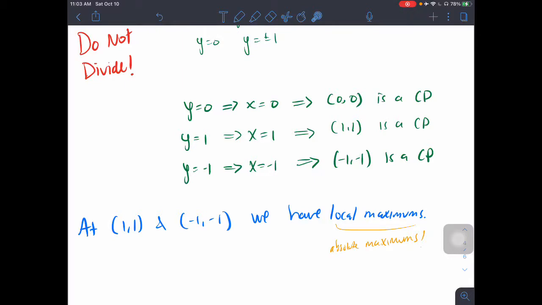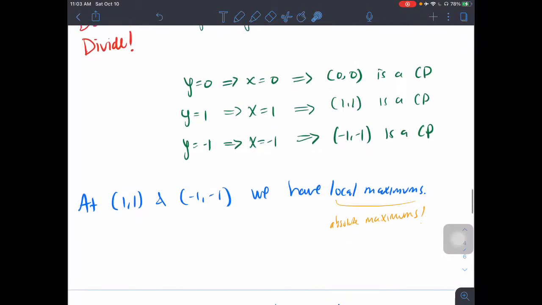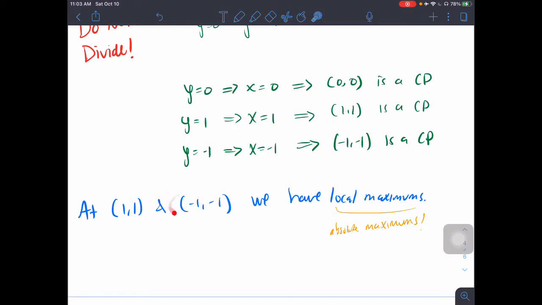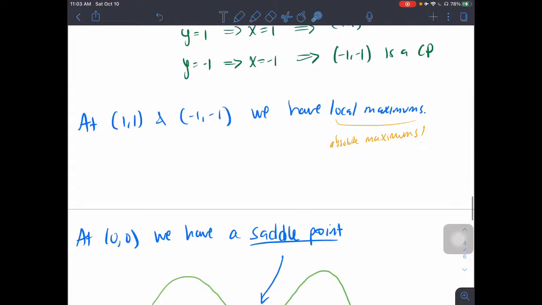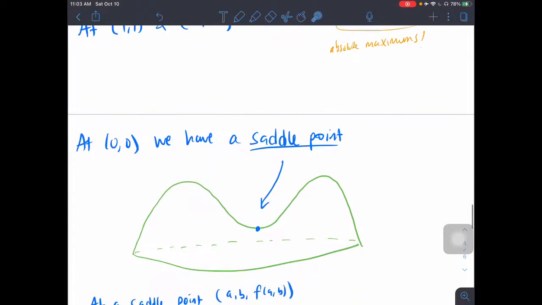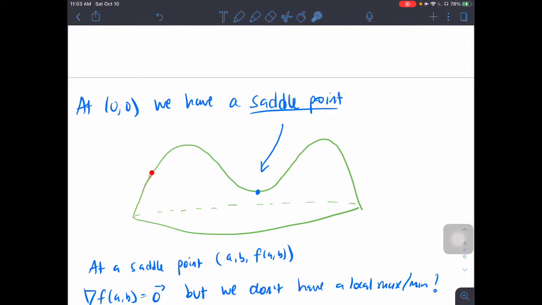But now the question is, okay, I have that these are local maximums, where this one wasn't giving me a maximum or a minimum. That one was giving me what I called a saddle point, okay? And what saddle points end up looking like is, like I said, a saddle, and this is the part of the saddle that you sit in.